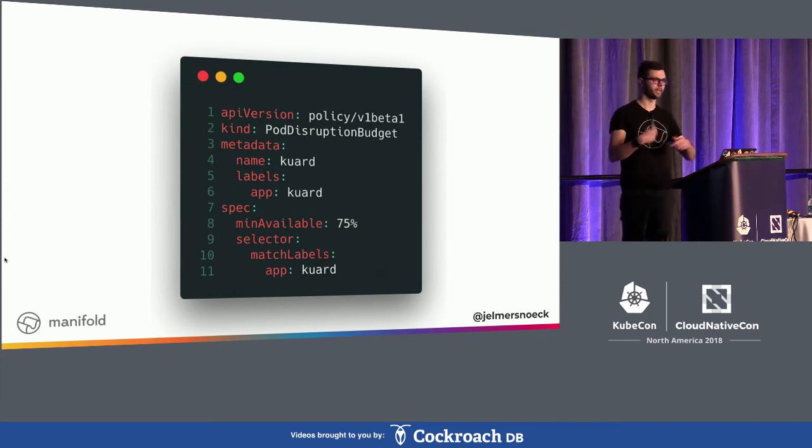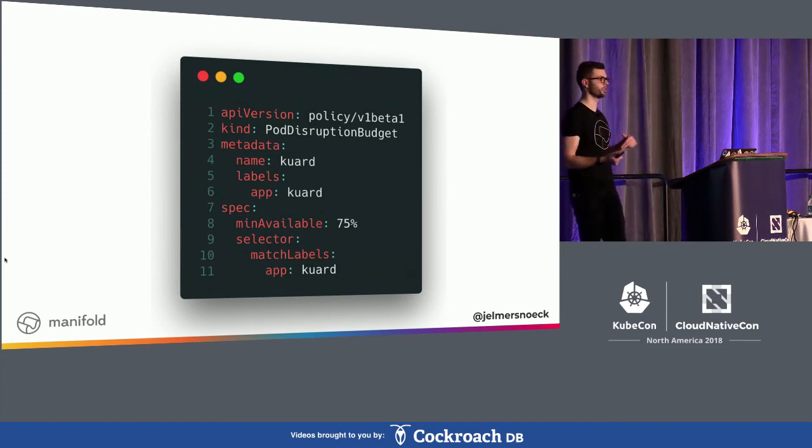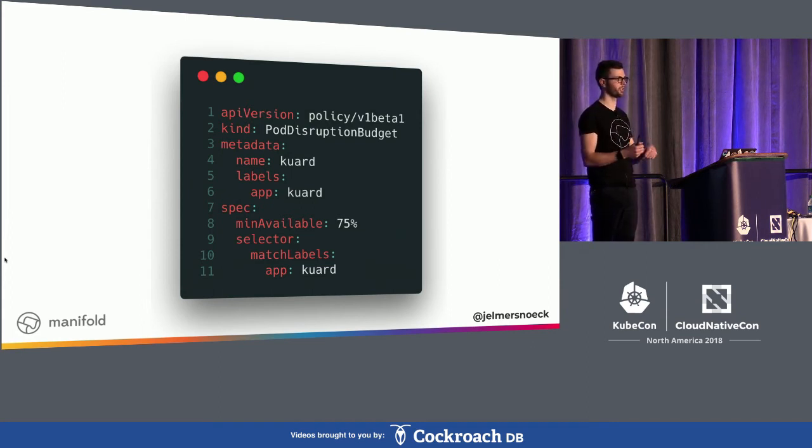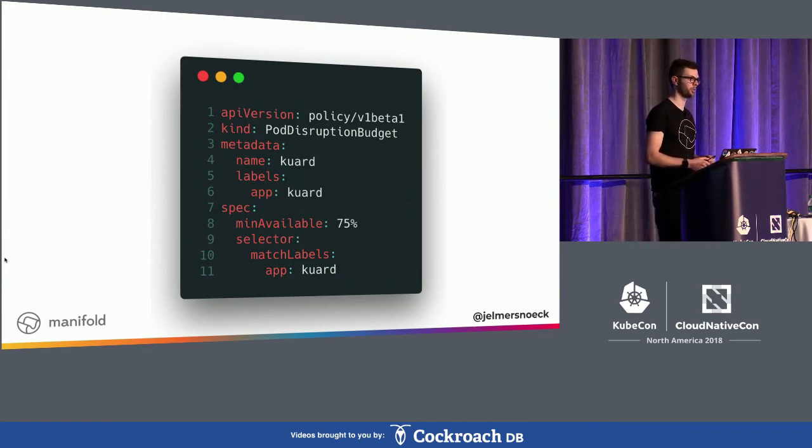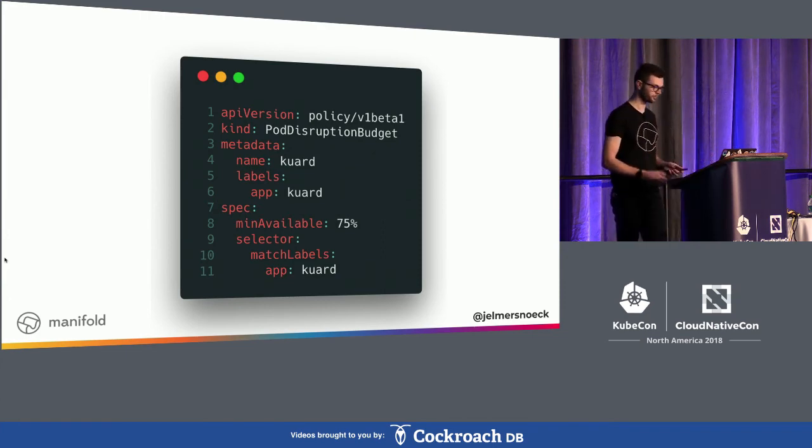Well, you can delete it and then apply it again, obviously, or replace it. But you can't just update them at will. So it's better to use a percentage here. That way, if you scale up, it applies to that percentage instead of having a fixed number that wouldn't really scale. And again, the percentages are rounded up, as with the update strategy.